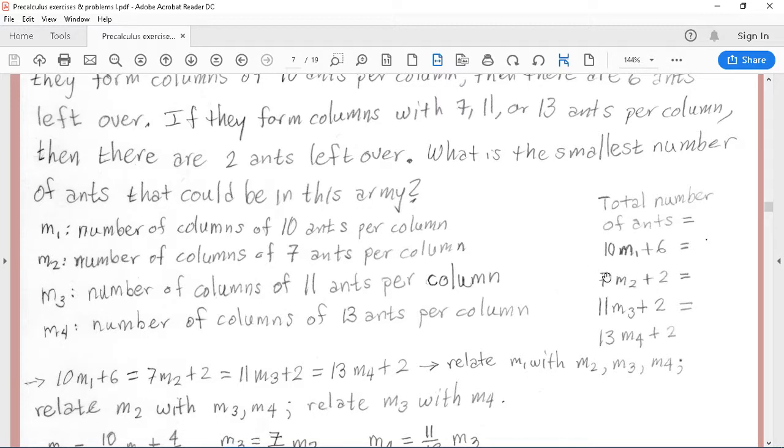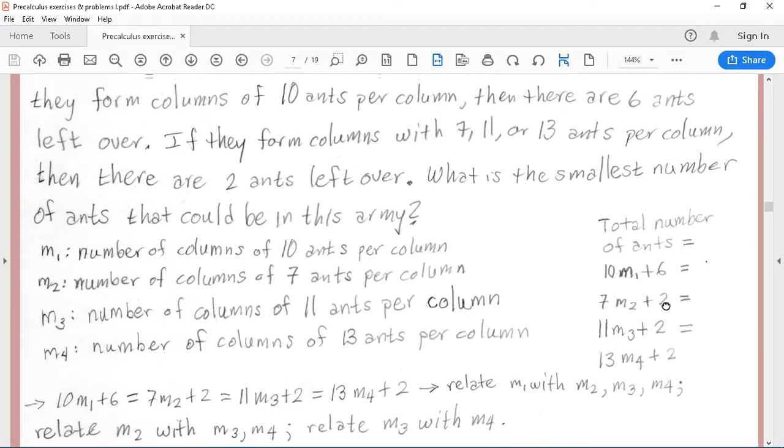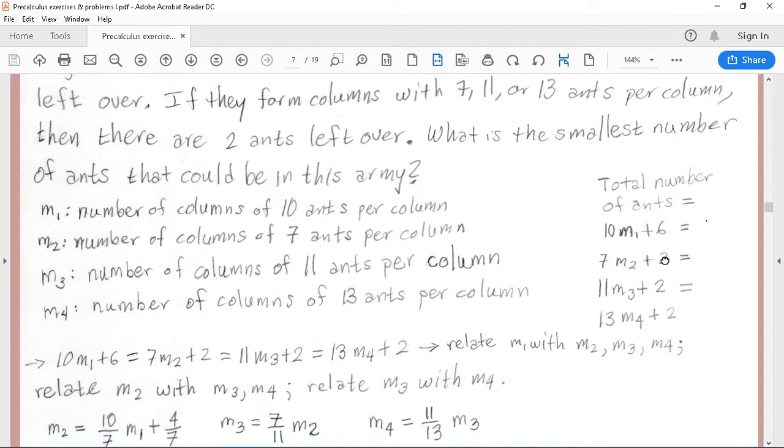It is also equal to 7M2 plus 2, which is the number of ants per column, in this case 7 ants per column, times the number of columns of 7 ants per column, plus 2 ants that are left over.